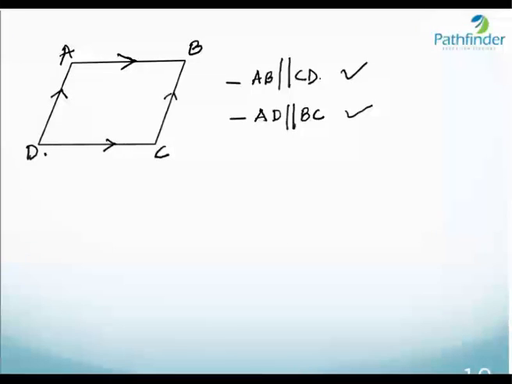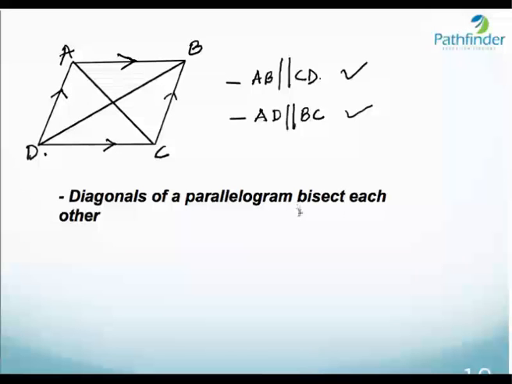Another property that distinguishes a parallelogram is that the diagonals of a parallelogram bisect each other. So if we have this point O, then BO must be equal to DO and AO must be equal to OC. So this property independently is enough to prove that a particular quadrilateral is a parallelogram.